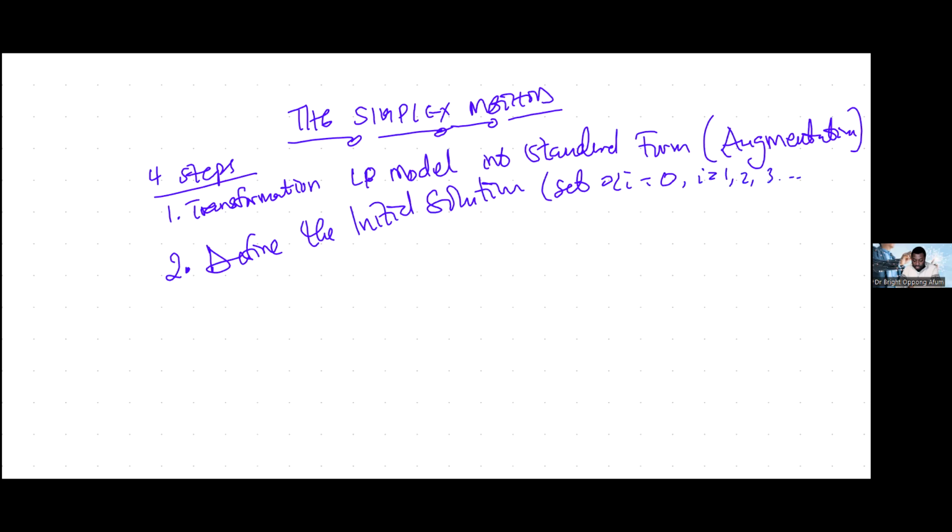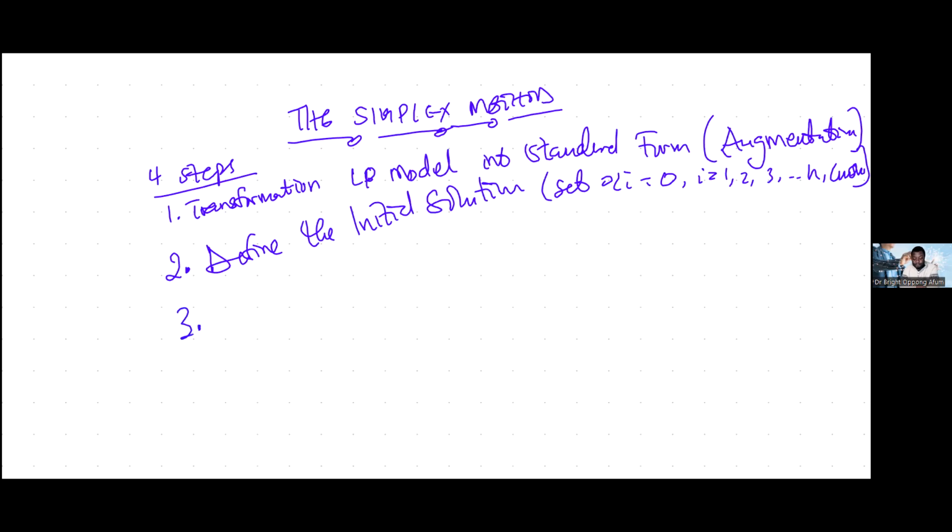So we set the decision variables within the system of constraints to 0, and then we get the initial solution.